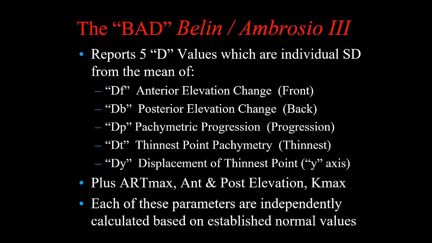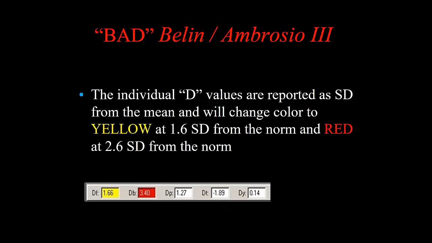The DF value is that change in elevation going from best fit to enhanced reference surface, the change of the front. DB is the change in the back, the posterior elevation change. Again, there are a number of other parameters: pachymetric progression, thinnest point, displacement of the thinnest point, ART max, elevation at the thinnest point, all in the regression analysis.